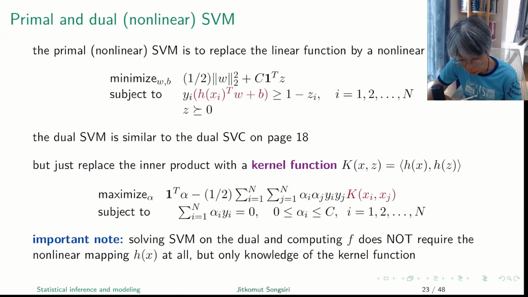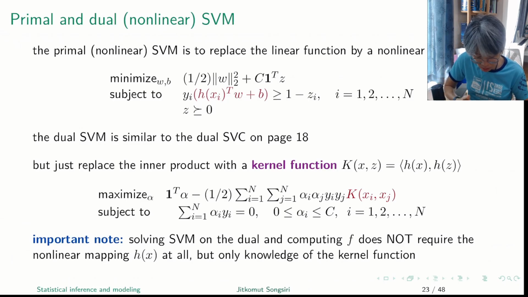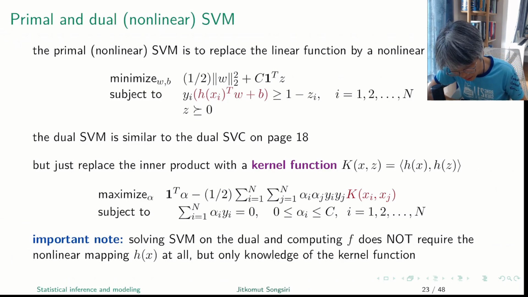The primal and the dual nonlinear SVM are the following optimization problems. Everything has the same interpretation. You only replace the linear function of x by the nonlinear function, so I'm going to highlight the term that is replaced by the nonlinear mapping.